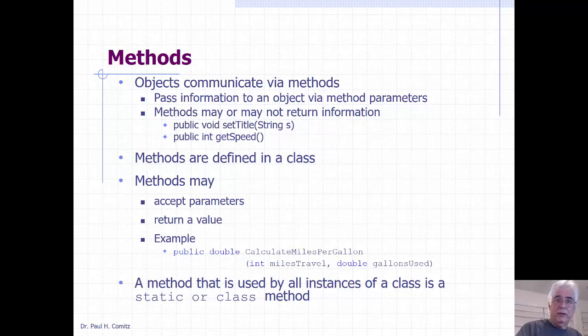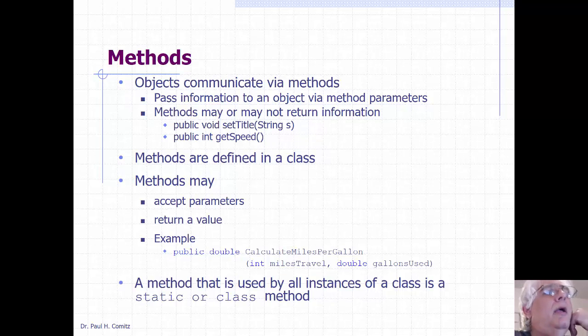That's something I'm going to use to actually write code that models the behavior of the object. So objects communicate via methods, and we pass information to objects via parameters in method calls. Methods may or may not return information.